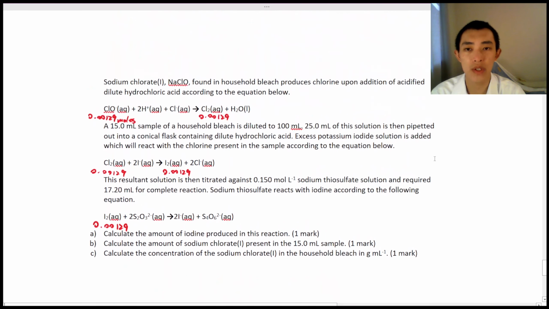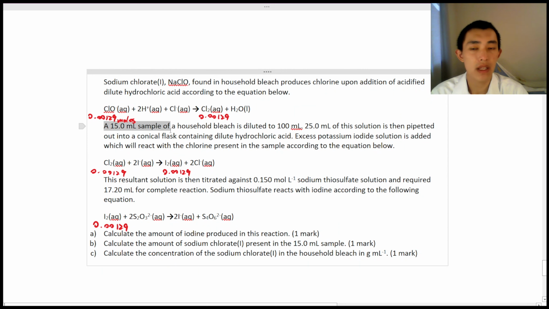Now, we need to be careful here, right? Because there's all this dilution garbage. A 50 milliliter sample of household bleach is diluted to 100 milliliters. 25 mils of this solution is then pipetted. So only 25 mils of the 100 mils was then pipetted to react with this dilute HCl that we have going on here. Okay.